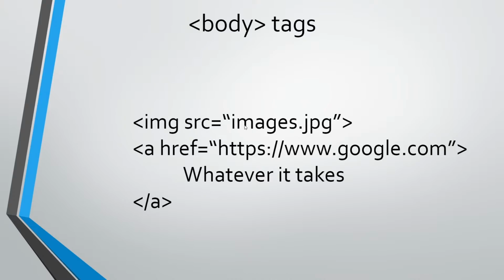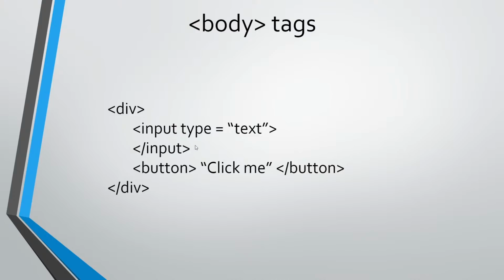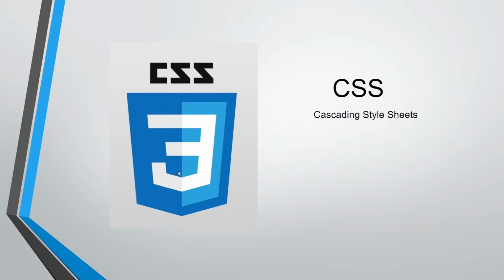Using the image tag, we can specify the image, src equal to images.jpg. Using the a tag, we can make a link and specify the link of that web page. We can also specify a p tag, which is a paragraph tag. Inside that, we can use bold, italics, underline. We have discussed what is the br tag, break row, what is the hr tag. We have also discussed the input tag and the button.